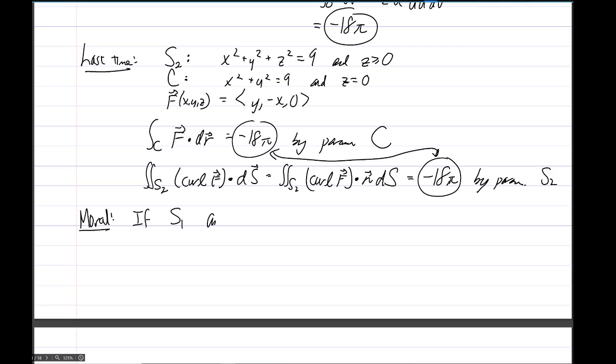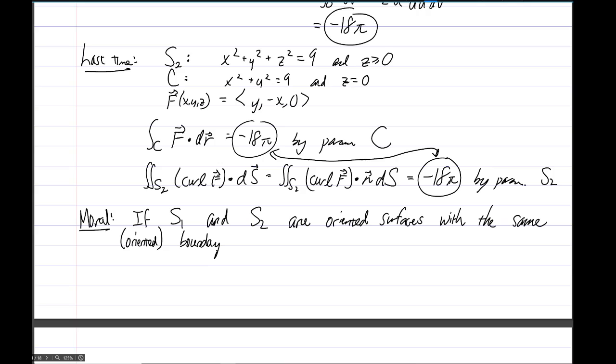If S1 and S2 are oriented surfaces, two different surfaces, with the same oriented boundary, capital C, that is, the boundary of S1 is equal to C, which is also equal to the boundary of S2, then check out this really neat thing that occurs.